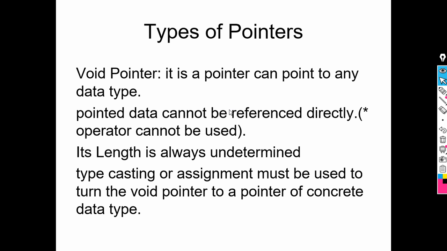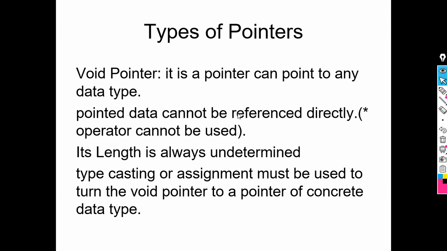But if it is void, then it is not clear what type of data it can point to, right? But at the time when you are trying to point to that respective memory reference, you need to specify the type clearly.